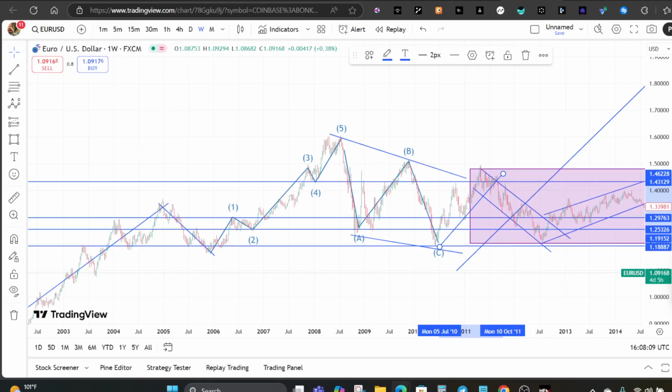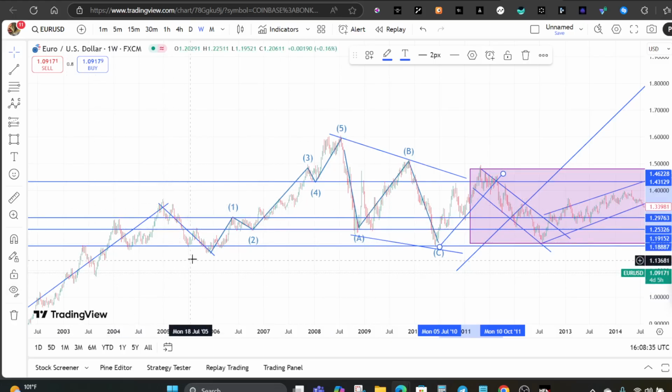But before you start trading with Elliott Waves, just take note of some common mistakes that traders make and how to avoid them. The first mistake is forcing wave counts where they don't exist. Not every market move follows wave structure, so do not try to force it.